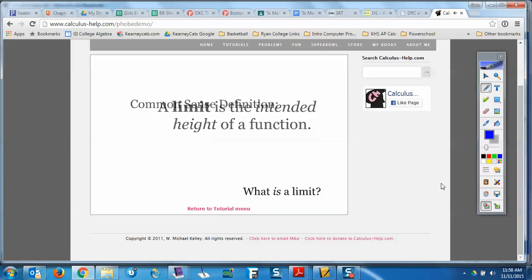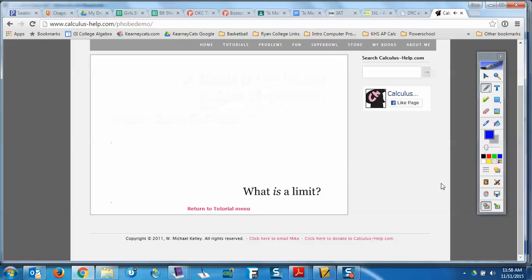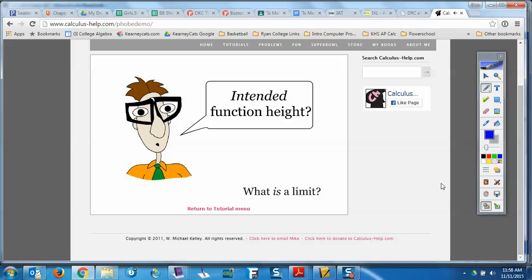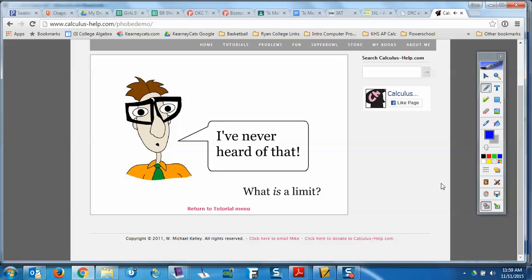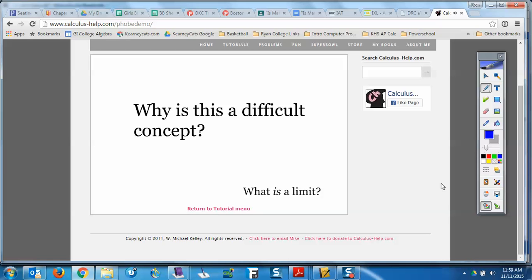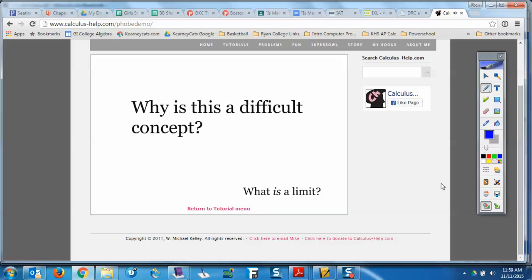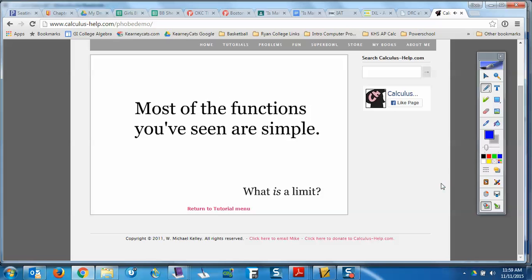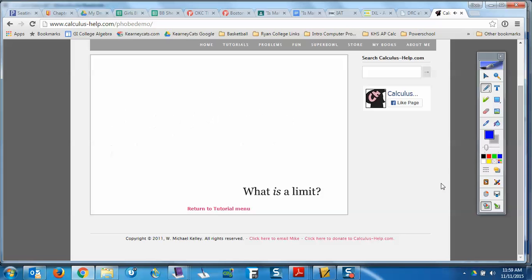Now, this might give you pause. You might think, how am I supposed to know what height a function intends to reach? I don't even know what my intentions are most of the time. How am I supposed to discern the intentions of a function? That's a good question. The fact that you don't understand exactly what I'm talking about is because all of the functions you've been dealing with, or at least most of them, have had their intentions completely clear.